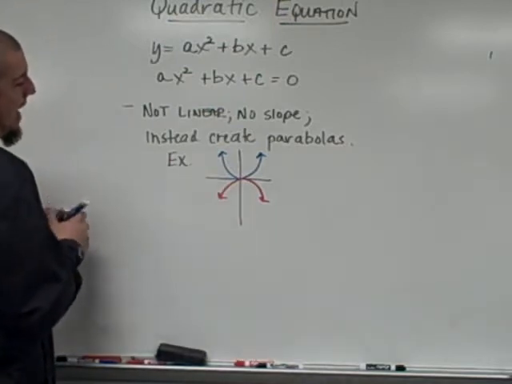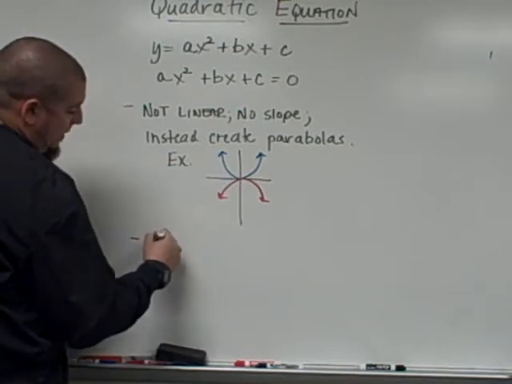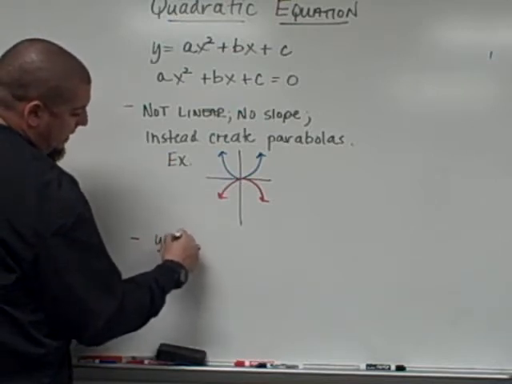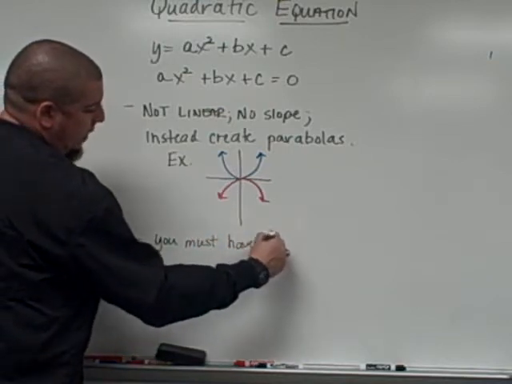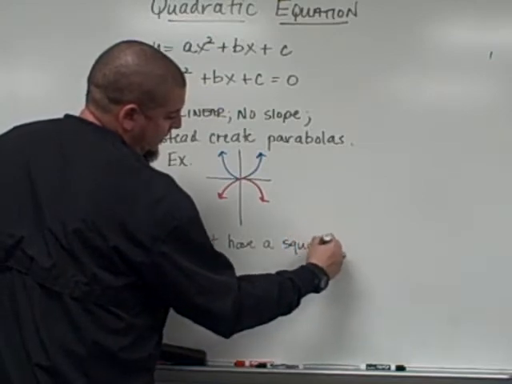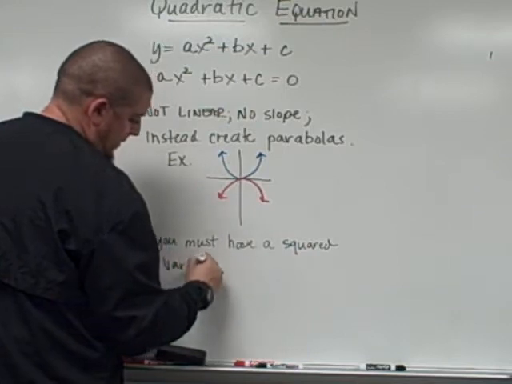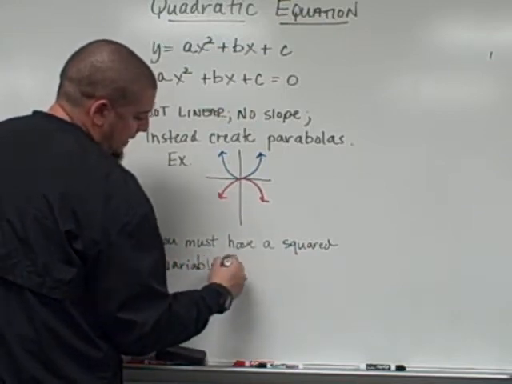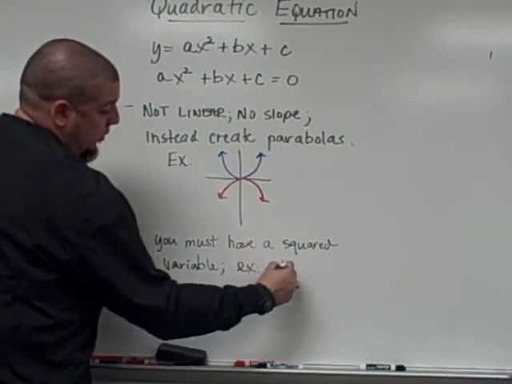In order to have a quadratic, you must have a squared variable, for example, x squared.